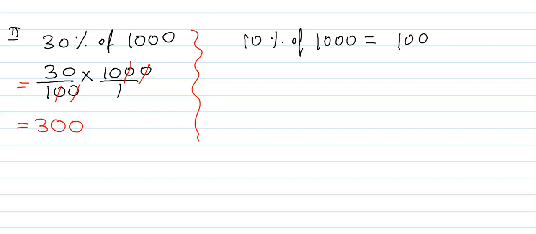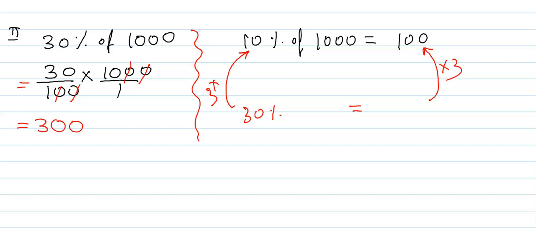Now we want 30%. If you times by 3 here, then it will be 30%. Then you need to times by 3 here as well. Which process are we using here? Yes, balancing.